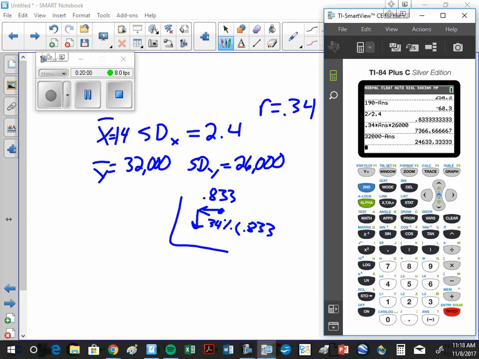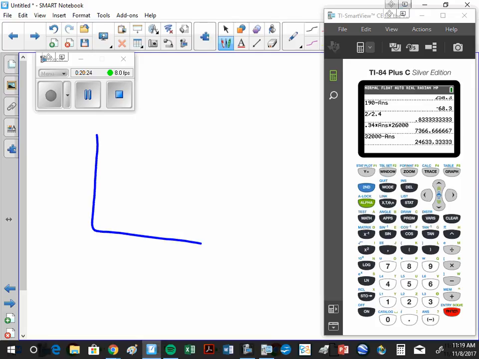R is 0.34. That's nearly a circle. Okay. Suppose R equals -1. Can you explain why a 1 SD increase in X is matched by a 1 SD decrease in Y? Well, it slopes down. How do we know it slopes down?